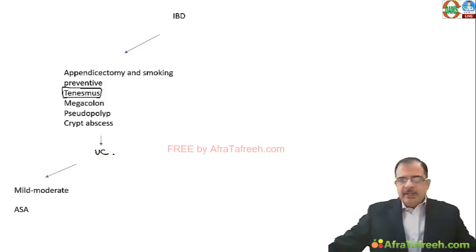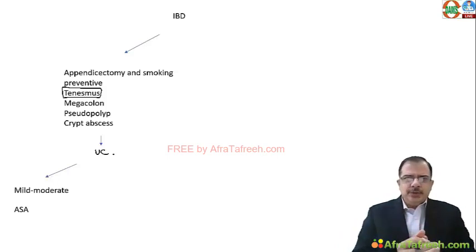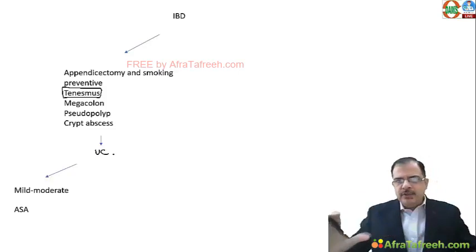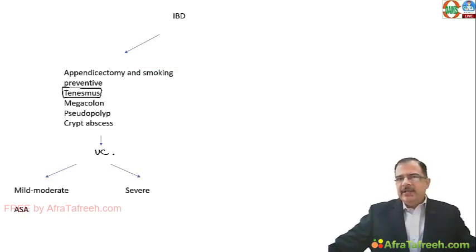So in UC, the treatment will be asked. These days the questions are fewer on management, but still you should have a superficial view of the management of inflammatory bowel disease. If it is mild to moderate, then ASA is the mainstay of treatment. While if it is a severe case, then we give steroids and TNF alpha antibodies.